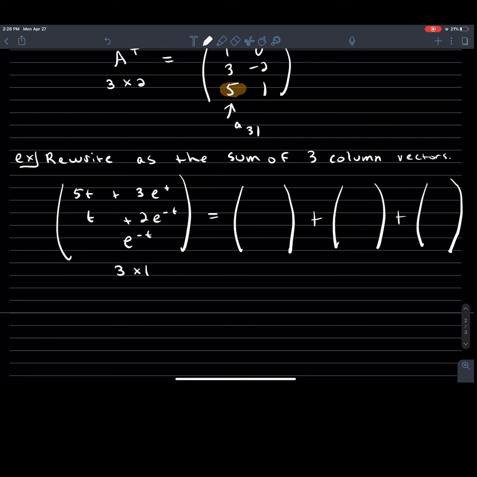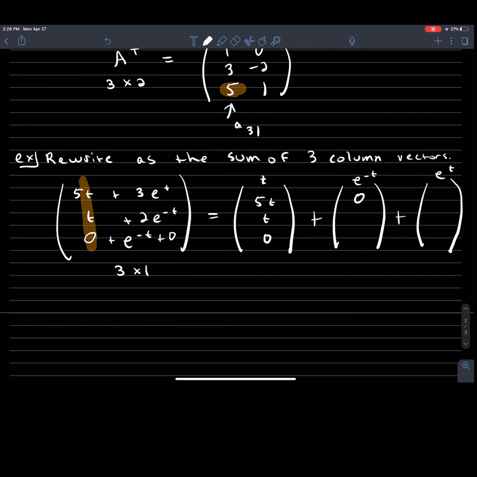Basically I have my t's here, my e to the minus t's in this one, and my e to the t's here. I make a column exactly like this one, but this one is 5t, 0. I don't have an e to the minus t in the second one, so we put it as 0.